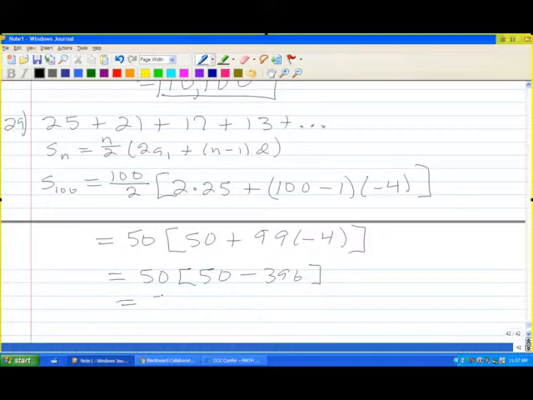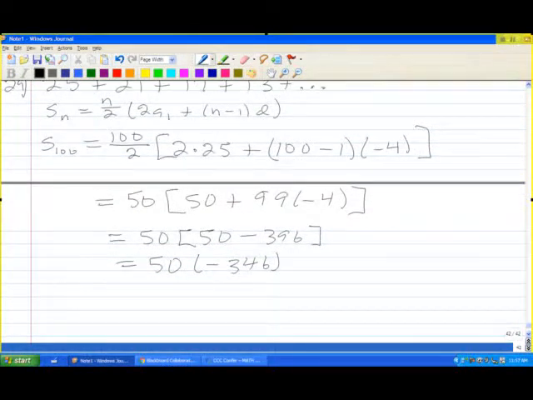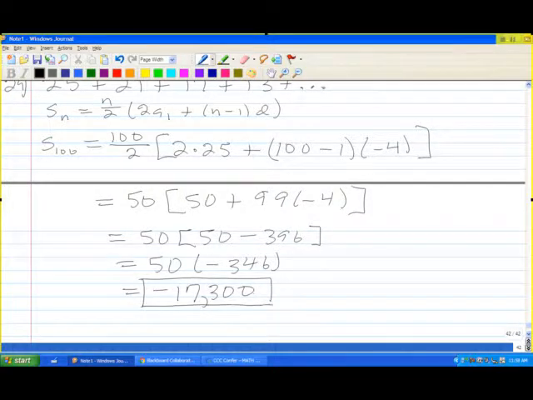So I get 50 times negative 346, which is equal to negative 17,300. And so if you added up the first 100 terms of that series, they would add up to negative 17,300.